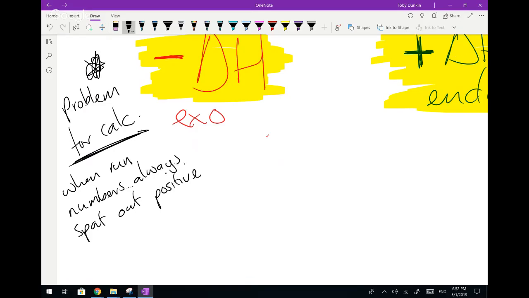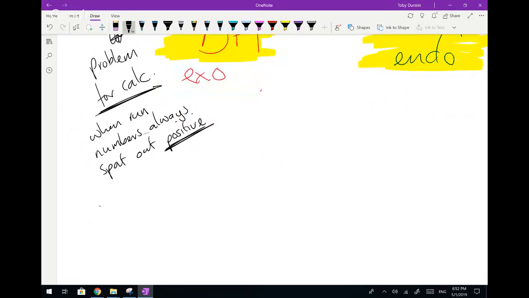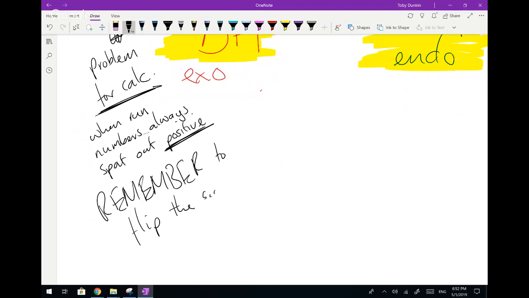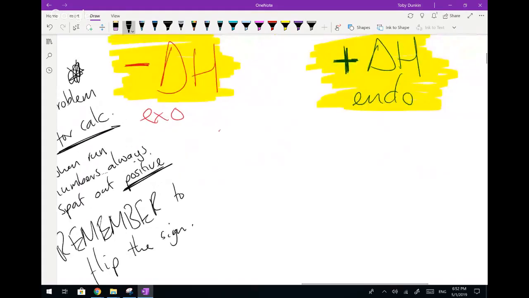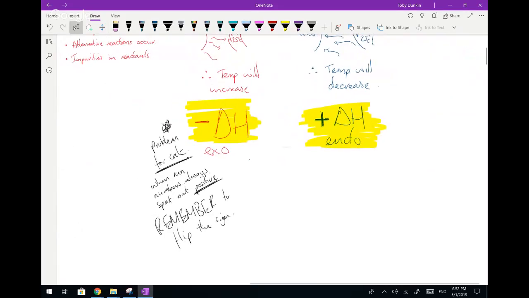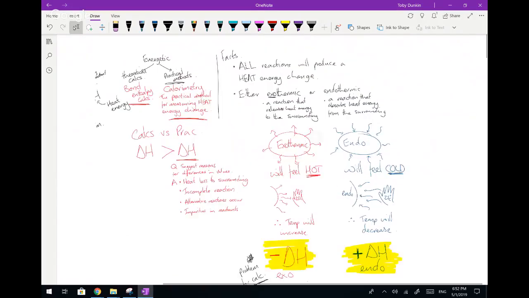And that's really important, because what you have to do is remember to flip the sign. So they do this a lot at GCSE. They know it causes trouble, and it's just nice for me to make that point at this stage.